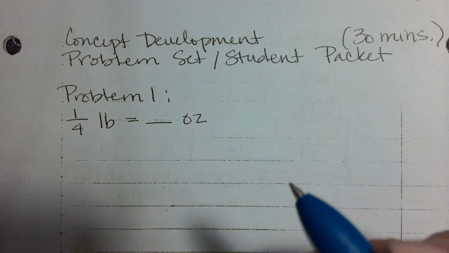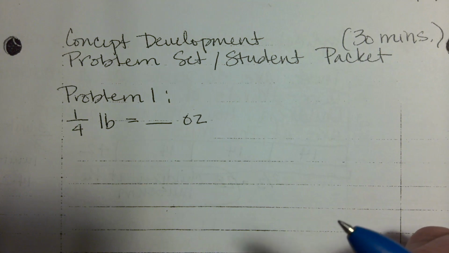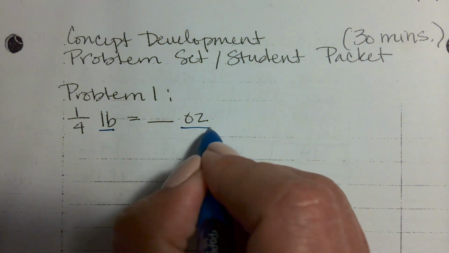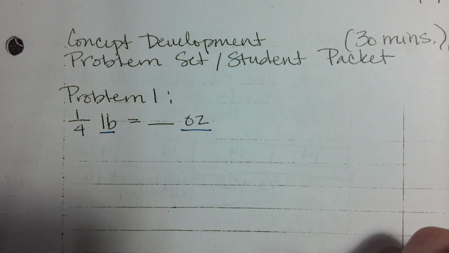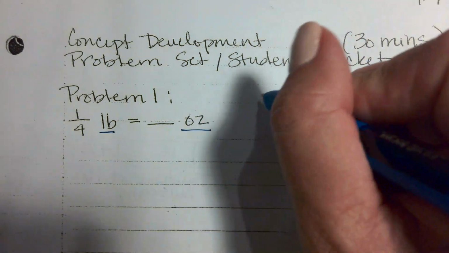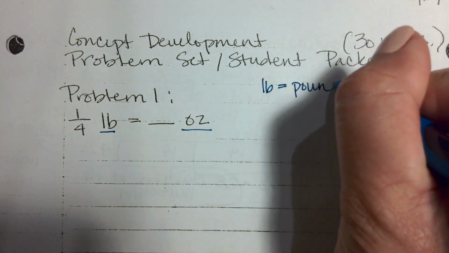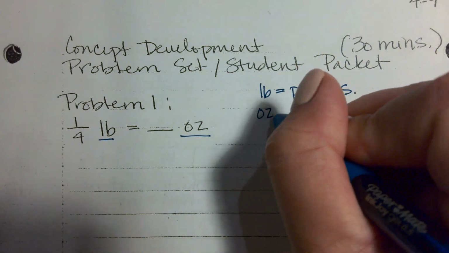But my problem is, which is a larger unit? Is pounds or ounces a larger unit of measure? Well, pounds is a larger unit of measure. It's greater than ounces.